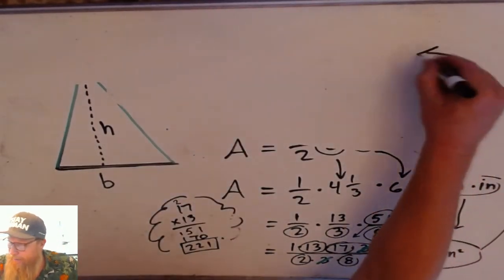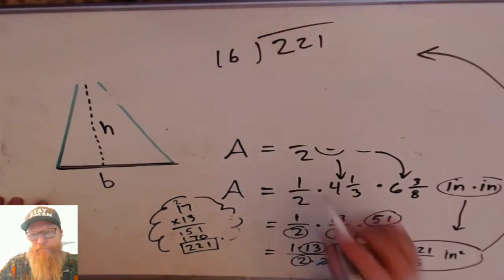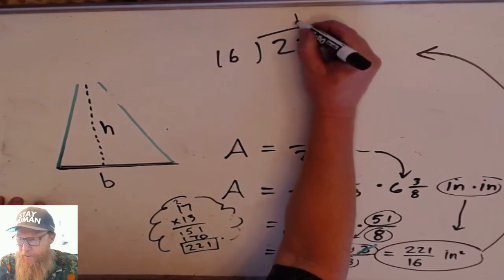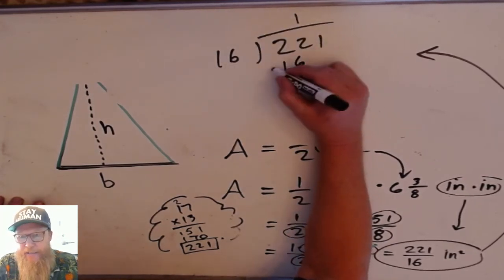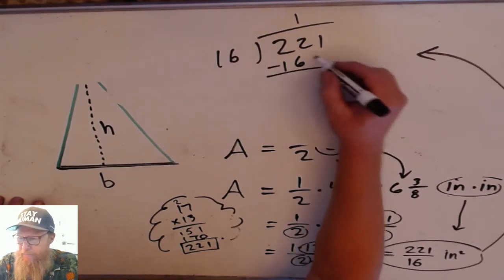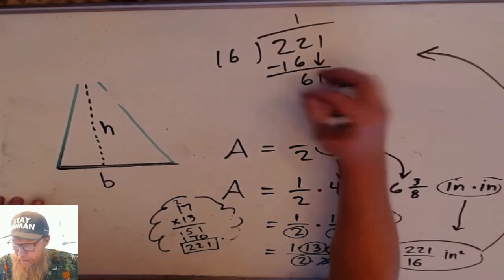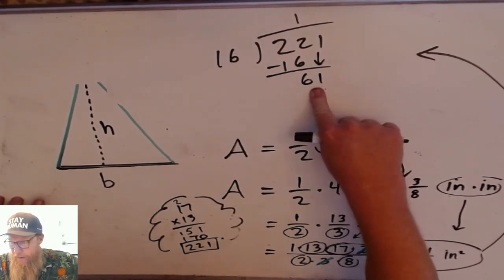So I want you to write this as a mixed number. So 221/16, 16 goes into 22 one time. 1 times 16 is 16. 22 minus 16 is 6. Bring down the 1. 16 goes into 61.